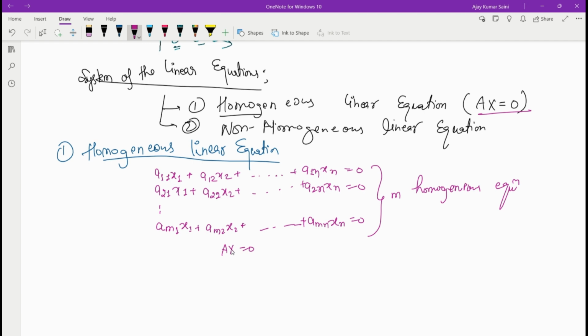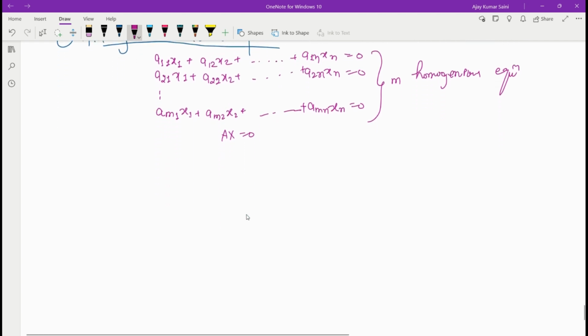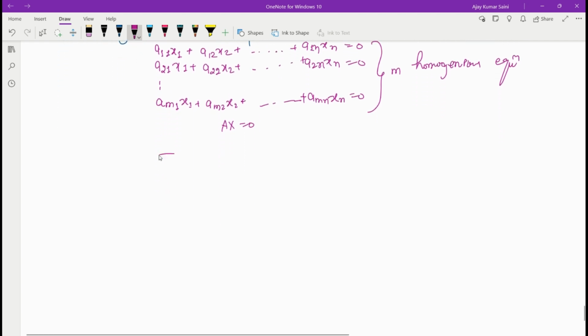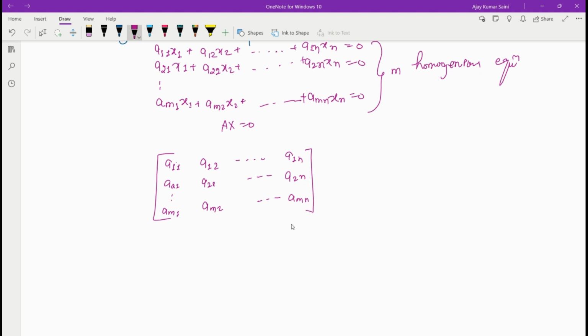I can write it in a matrix like a11, a12 till a1n, a21, a22 till a2n, and am1, am2 till amn. So it is of the order m by n.